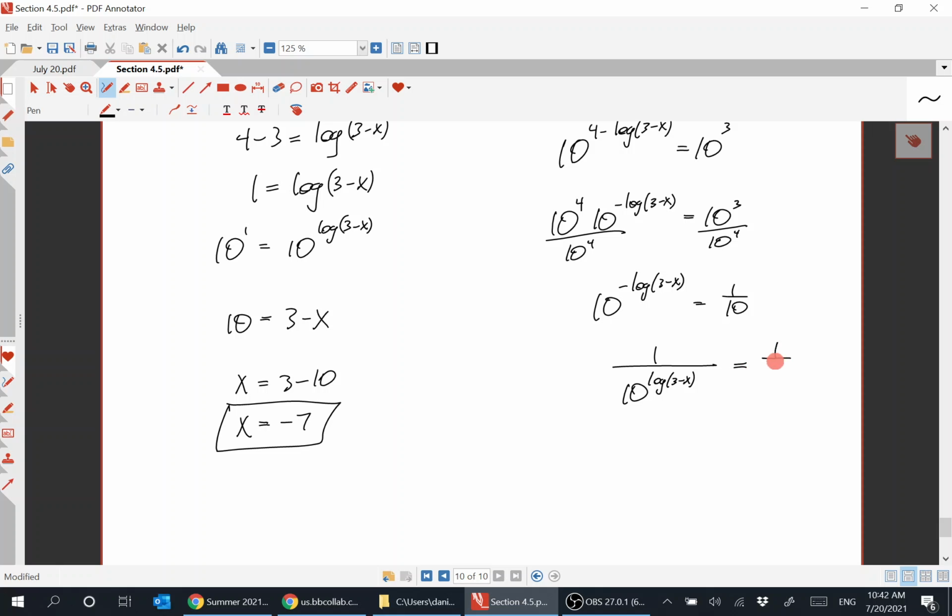It is equal to 1/10. Now, 10 to the log base 10 of 3 minus x is just 3 minus x, but you can't apply that here. 10 to the log base 10 of whatever is equal to whatever, but if you've got the negative in there, not quite. You would need to make the exponent positive, and then you could apply this.